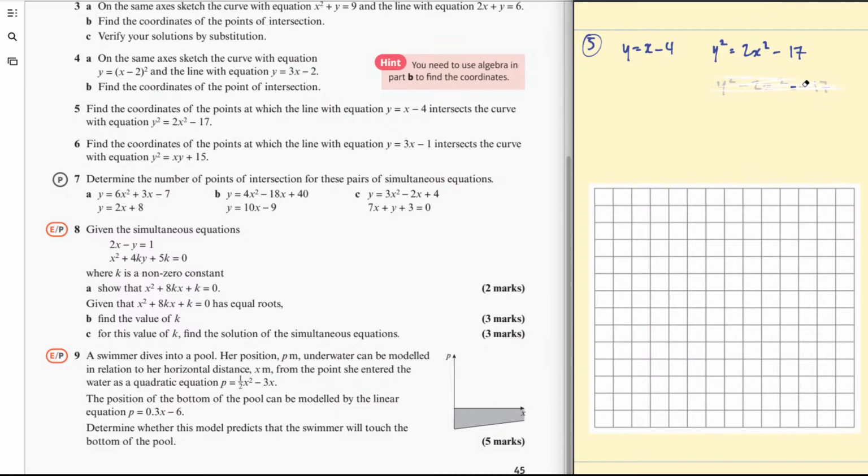Or actually, let's write it as 2x squared take y squared equal to 17.